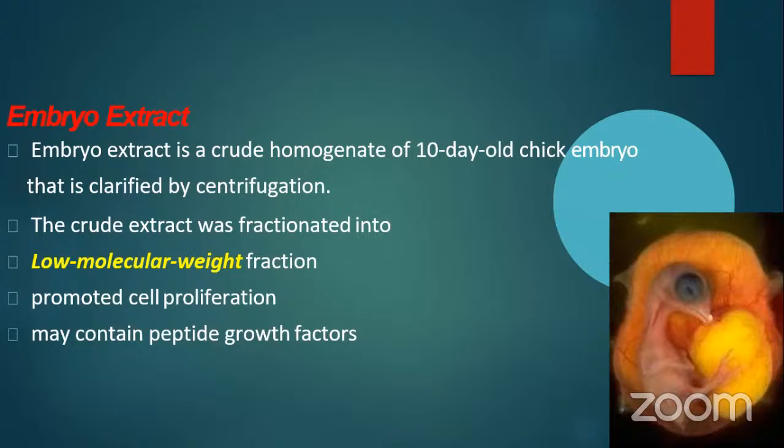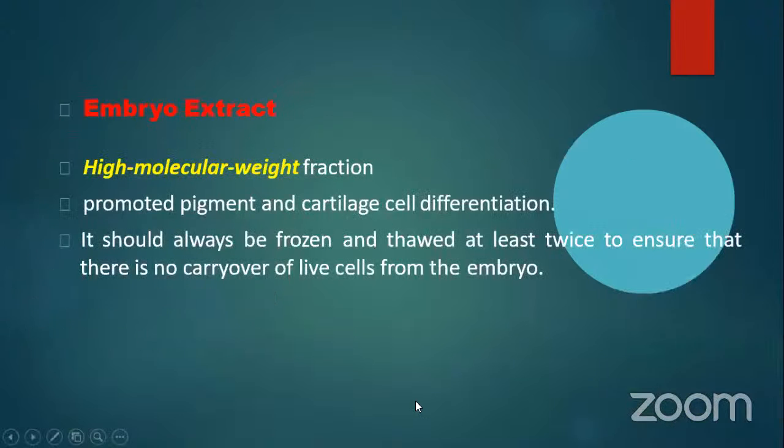Here they promote cell proliferation and contain peptide growth factors. We have another fraction, the high molecular weight fraction, which promotes pigment and cartilage cell differentiation. It should always be frozen and thawed at least twice.